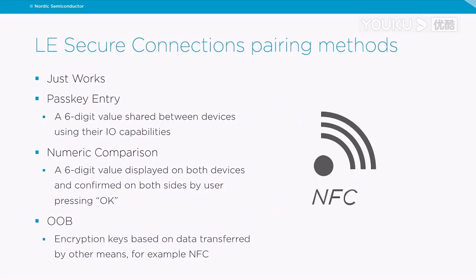It also added numeric comparison, where a 6-digit value displayed on both devices is confirmed by both sides by the user pressing OK. Then both devices need to have a display and some kind of interface to say that the numbers are equal.